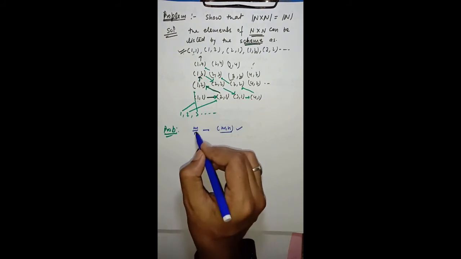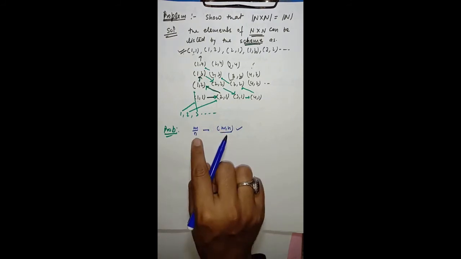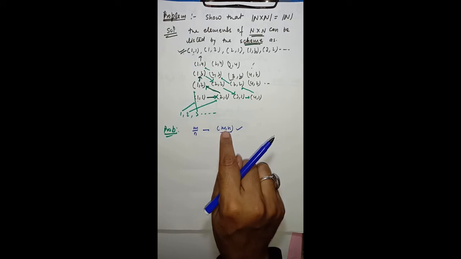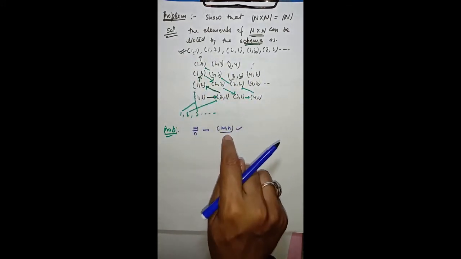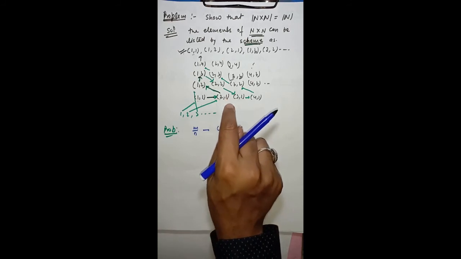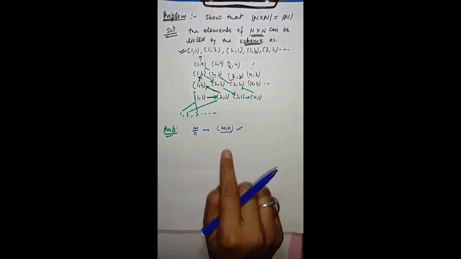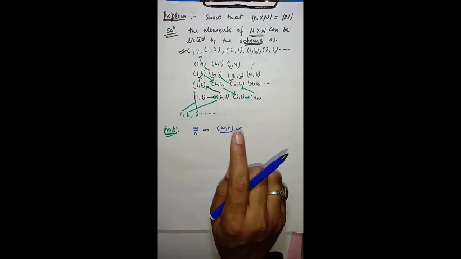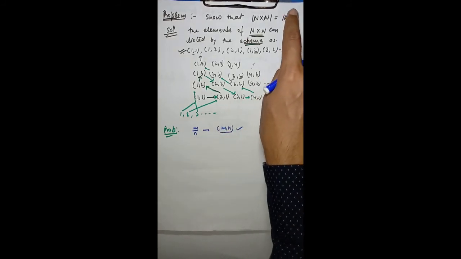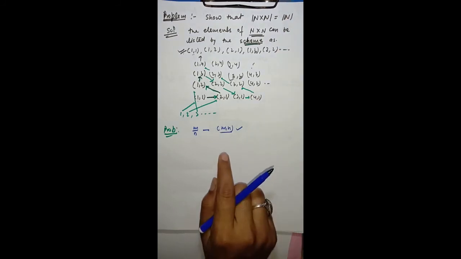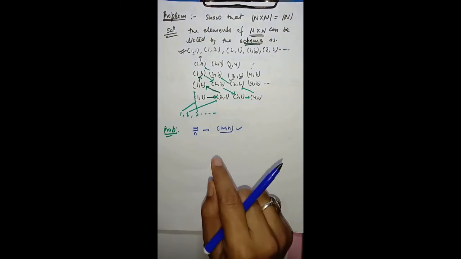If we arrange all the positive rational numbers as ordered pairs, and we have a scheme to count these numbers, then there is a 1-1 correspondence between the positive rational numbers and the set of natural numbers. That means the positive rational numbers are countable.